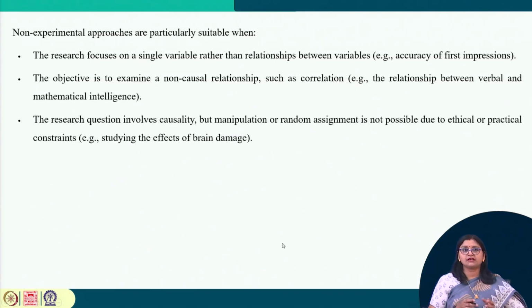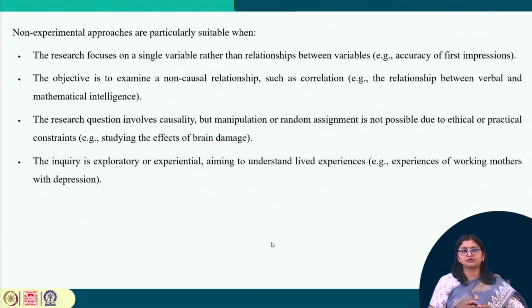Or the research question involves causality, but manipulation or random assignment is not possible due to ethical or practical constraints, like studying the effect of brain damage. If you are going to study brain damage, there is no treatment condition you can give.